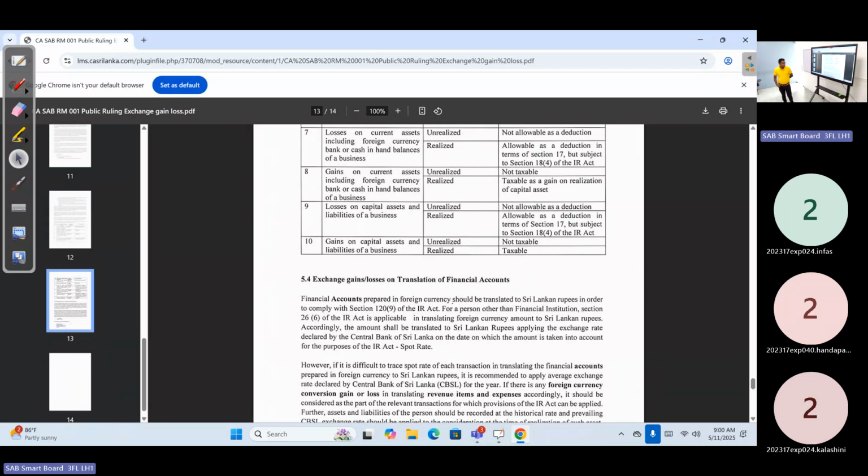For a person other than financial instruments, section 26.6 of the Act is applicable. In translation of foreign currency amounts to Sri Lanka rupees, accordingly, the amount shall be translated to Sri Lanka rupees, applying the exchange rate declared by the Central Bank of Sri Lanka on the date on which the amount is taken into account for the purpose of the IRA.